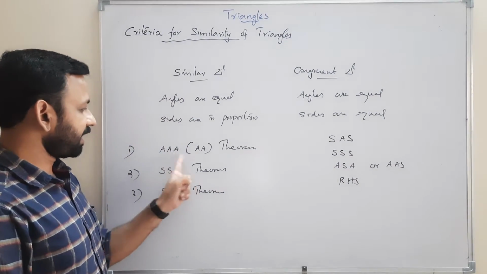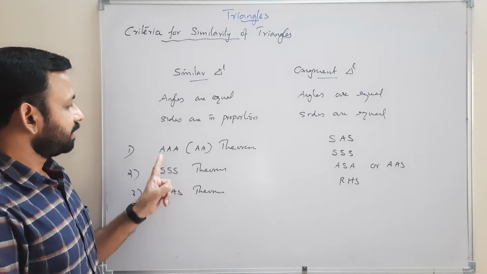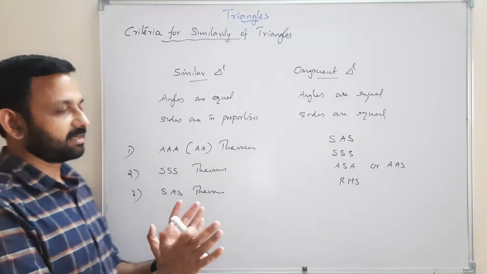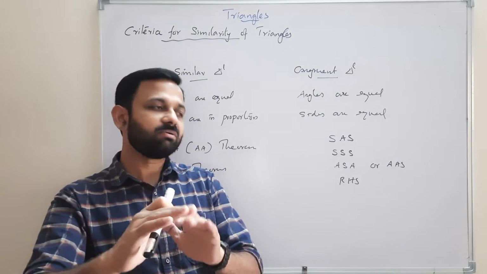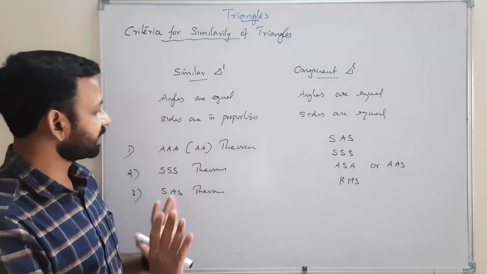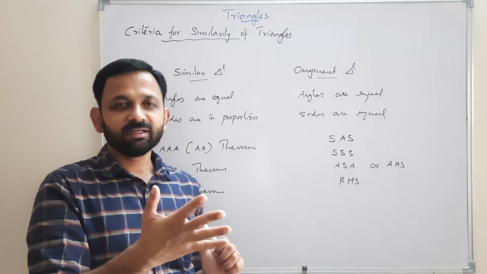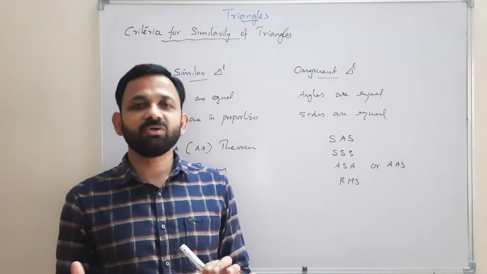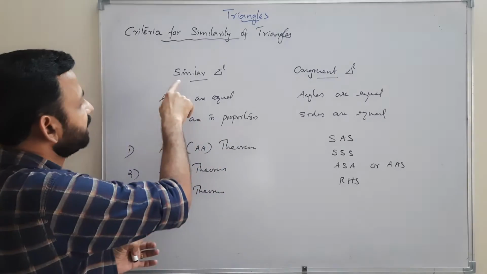Then the AAA theorem. If all three angles of one triangle are equal to three angles of another triangle, then the corresponding sides will be in the same ratio and the triangles will be similar.